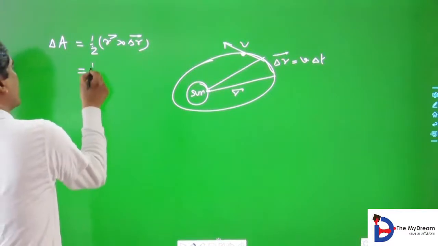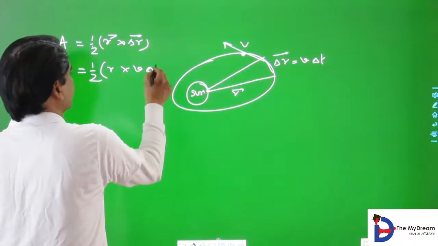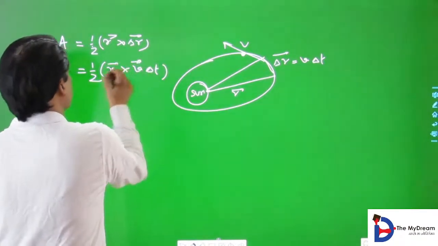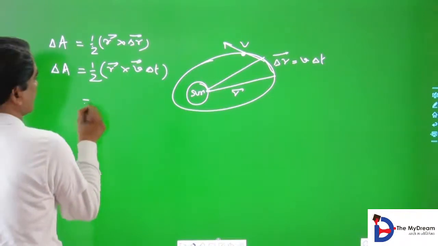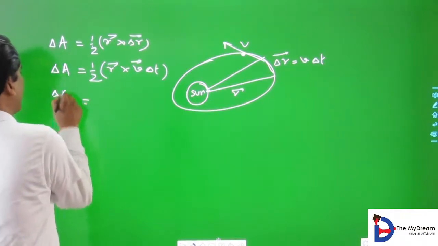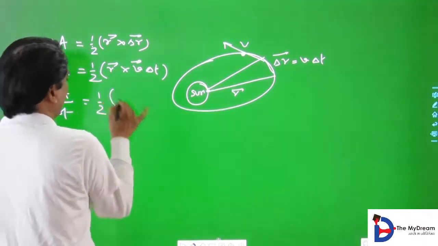In place of delta r, you can write v delta t. So delta A by delta T gives half R into V.